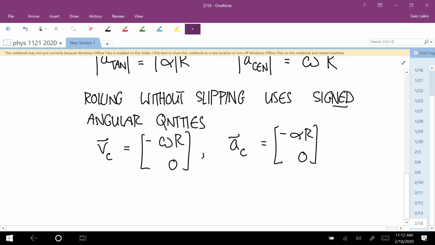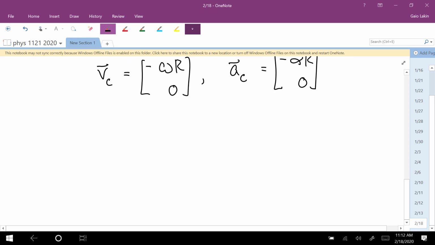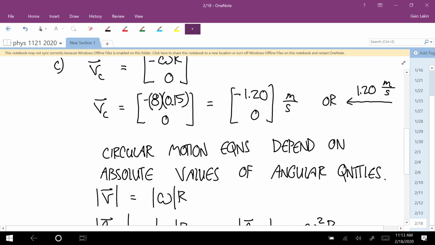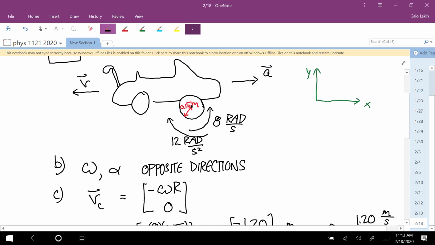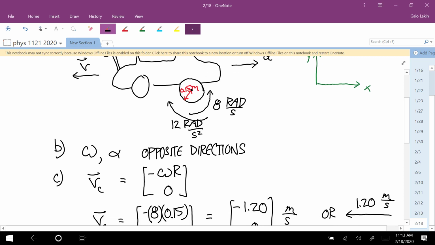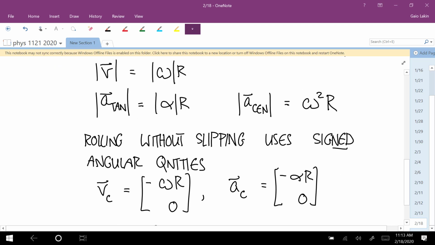Okay, so now the acceleration of the center, which is also the acceleration of the golf cart, the acceleration of the people in the golf cart. So we're going to use the acceleration of the center is negative alpha r_0. And alpha is 12 radians per second squared, but it's clockwise, so negative.